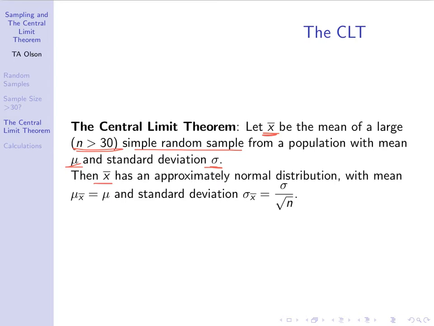That means this data point comes from a normal distribution. The mean of that normal distribution for the samples is the same as the population mean. And the standard deviation is actually shrunk quite a bit. The standard deviation for the sample distribution is shrunk by the square root of the size of the sample. So the peak gets narrower based on the size of the sample, but the mean doesn't move at all.